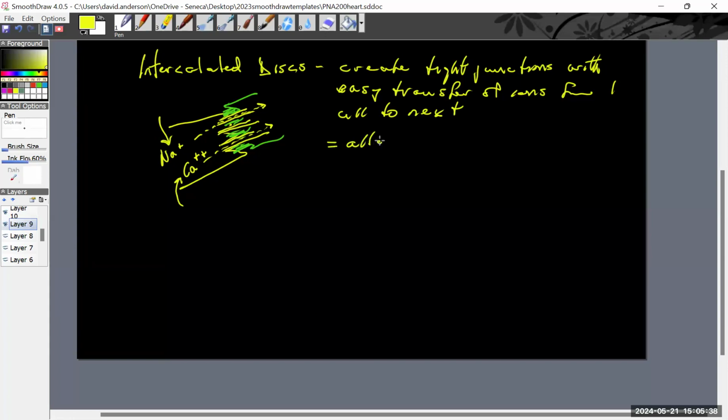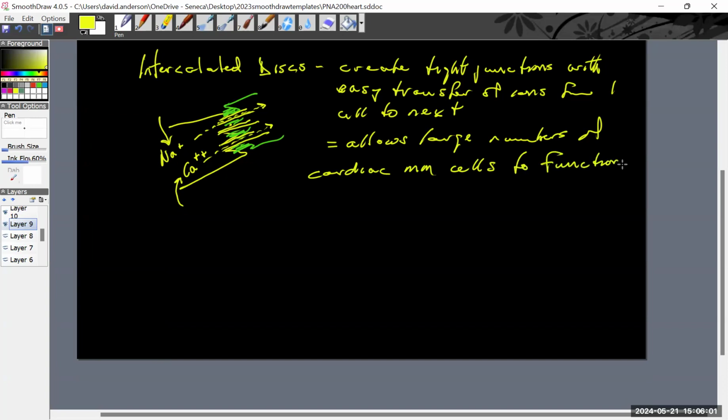So this is going to allow large numbers of cells to function as a unit. Okay, so that's also described as a functional syncytium.